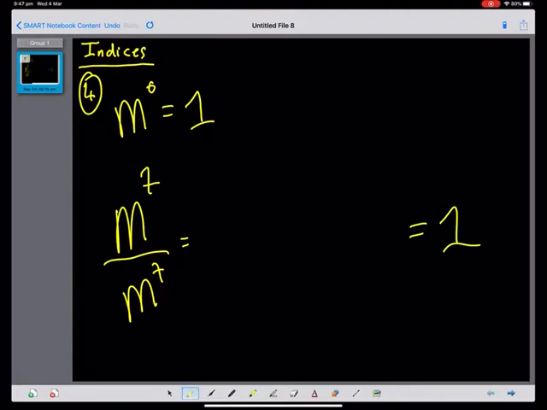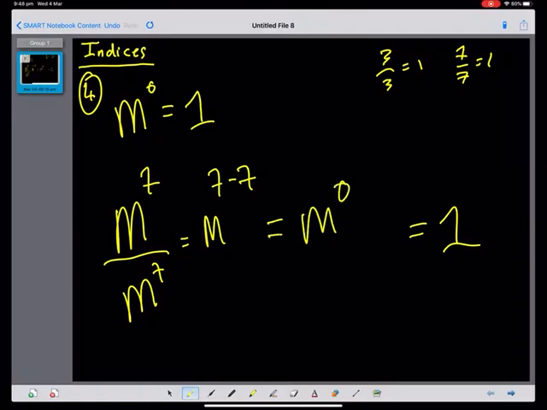So if we divide the same quantity by itself, we're going to get 1. 3 divided by 3 is 1. 7 divided by 7 is 1. M to the 7 divided by m to the 7 is 1. Let's use our index laws for division. 7 minus 7. That is m to the 0, and we know it's equal to 1.